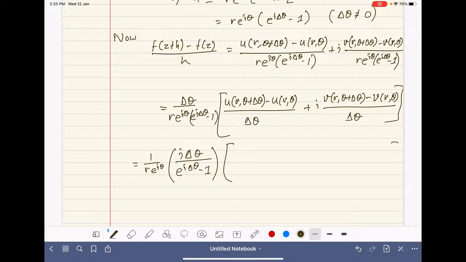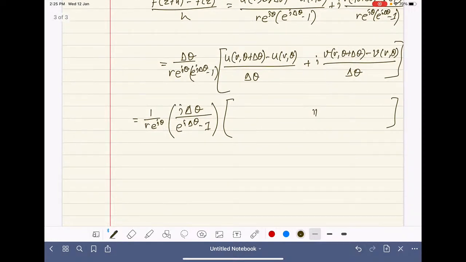And this is the same. Now here, this is an identity. This becomes 1 as del theta goes to 0. This we know.